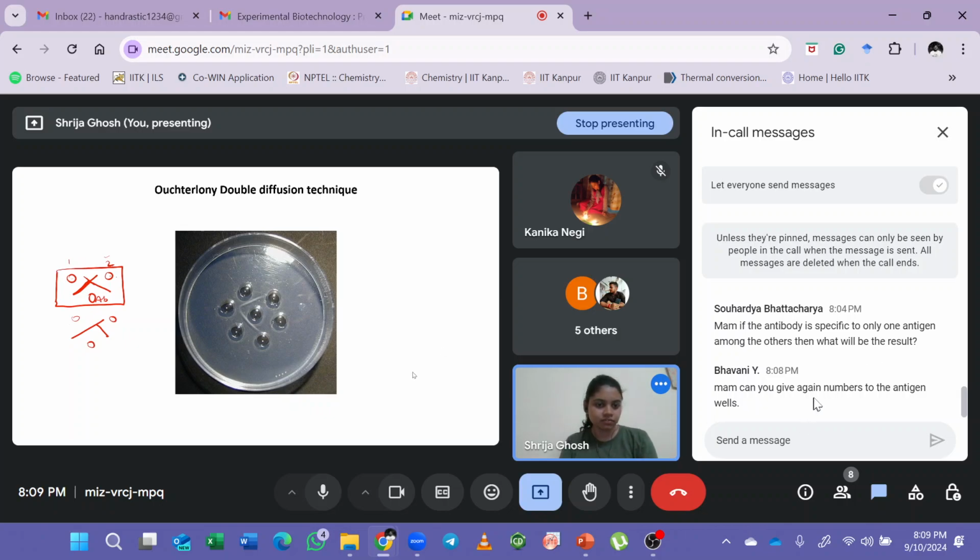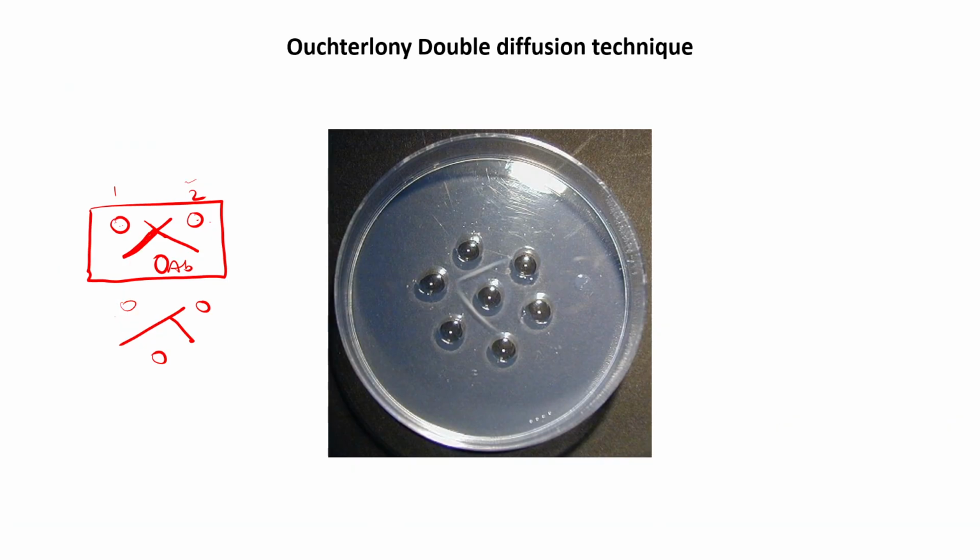Can you give again the number of antigens, the number to the antigen wells? So I just randomly numbered it 1, 2, 3, 4, 5 and 6, and this was the antibody. The center well has the antibody.